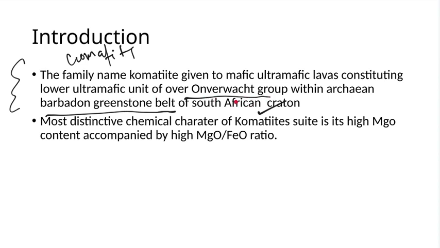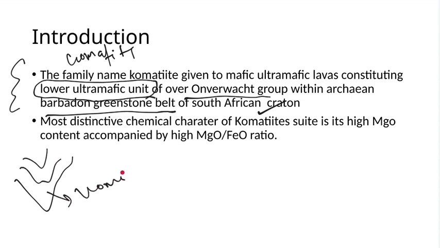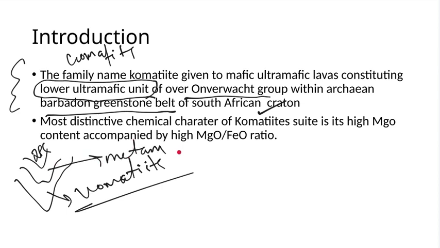I have said the greenstone belts have 3 units. In the lower ultramafic unit, komatiite remains. In the upper unit maybe these are the metamorphic greenstones. I don't remember exactly, I will tell you properly at the time of stratigraphy.